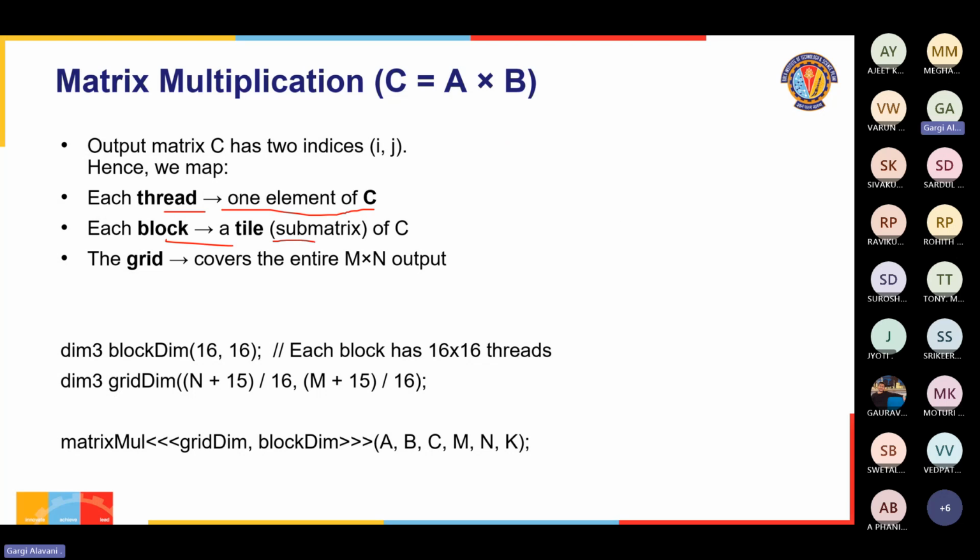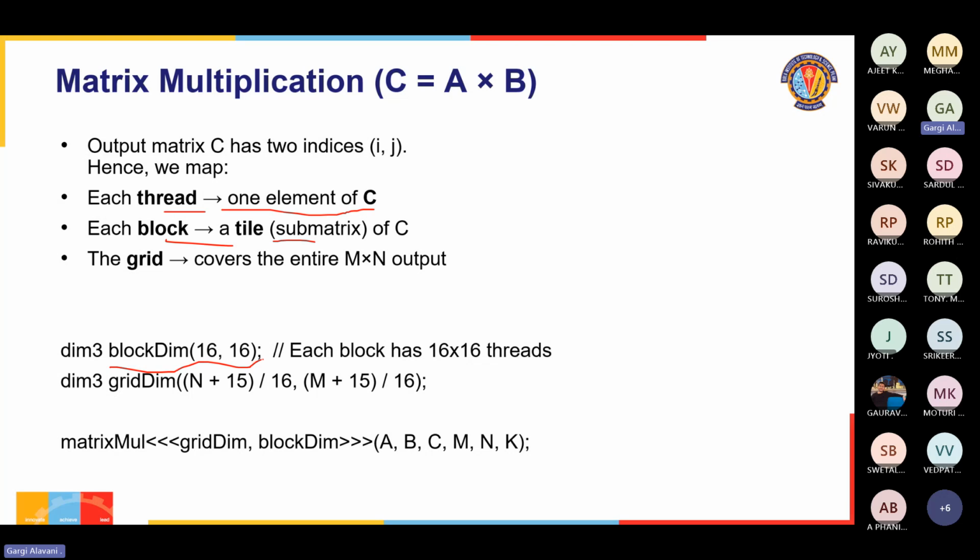So you can design this problem as each thread working on multiplying and calculating one element of C, and each block we can look at as a tile or a submatrix of this C. The grid we expect to cover the whole M cross N output that we need. Hence we calculate the block dimension to be 16 by 16.